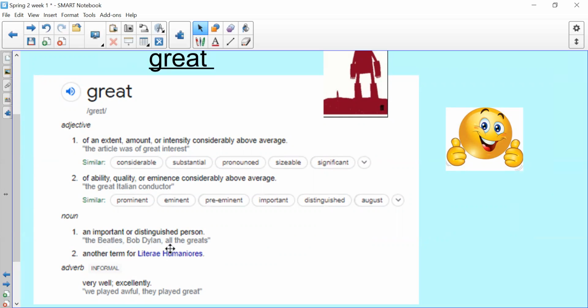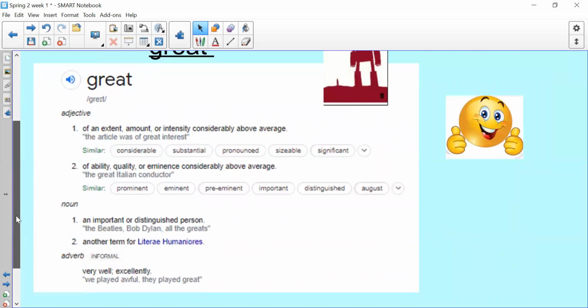Bob Dylan, he was a singer, and all the greats. So it's referring to famous legendary music icons as greats, as a noun. It can also be used as an adverb, very well or excellently. Okay, so for example, we played awful, they played great. And that's informal English. Okay.